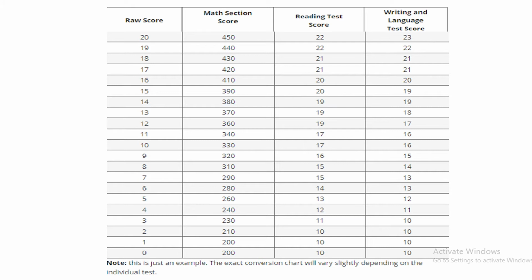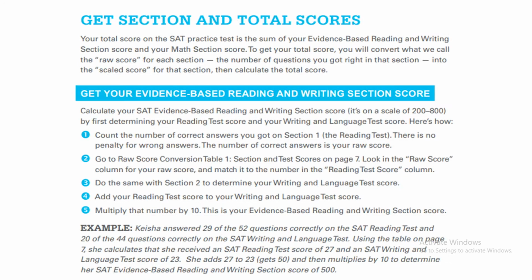As I go further, each of these sections, expression of ideas, passport to advanced math, all of these have been discussed in our previous videos. How to get your evidence-based reading and writing section will be discussed here, but what this section is has been mentioned earlier.